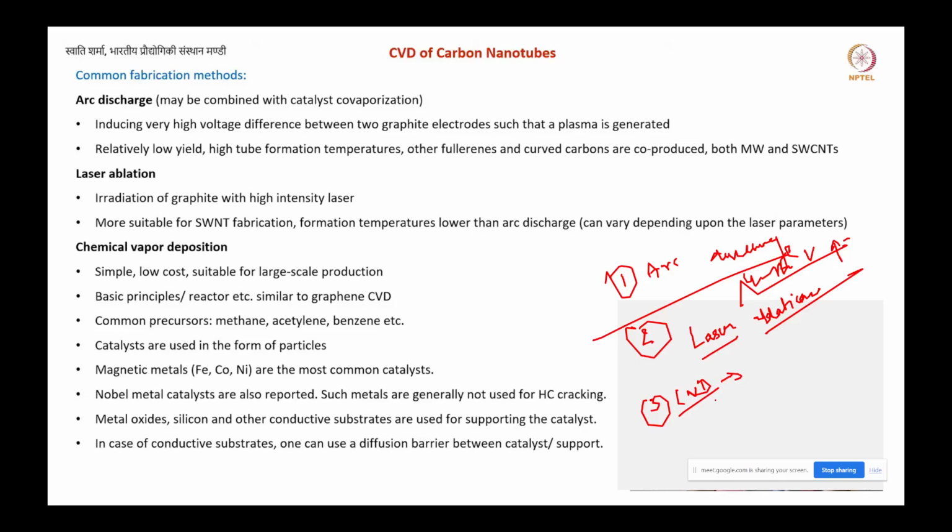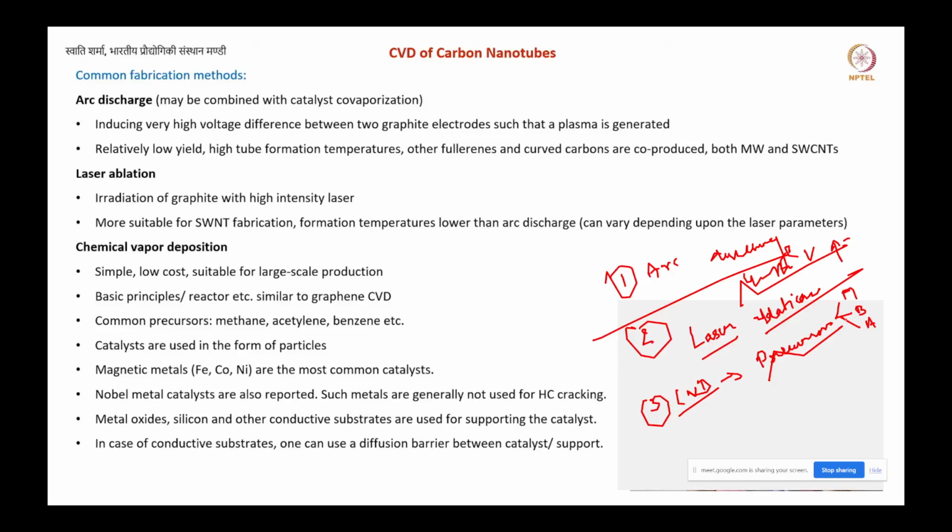In this case also, the main parameters required are the precursor and catalyst. As a precursor we can use methane, benzene, acetylene, etc. And catalysts are used in the form of particles here.